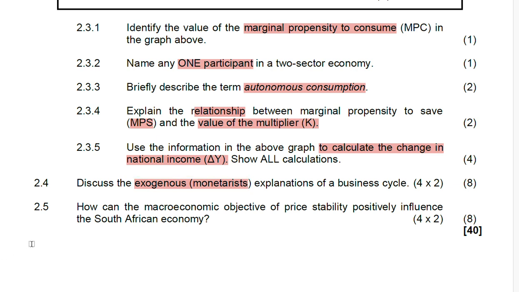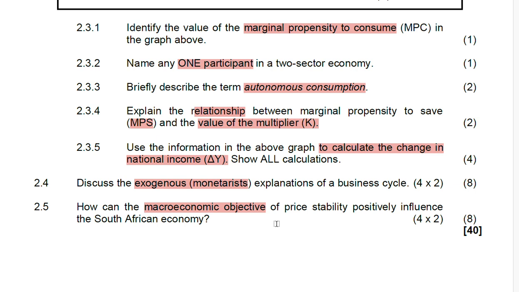Now we're looking at 2.5. How can the macroeconomic objective of price stability positively influence the South African economy? How can the macroeconomic objective of price stability positively influence the economy?